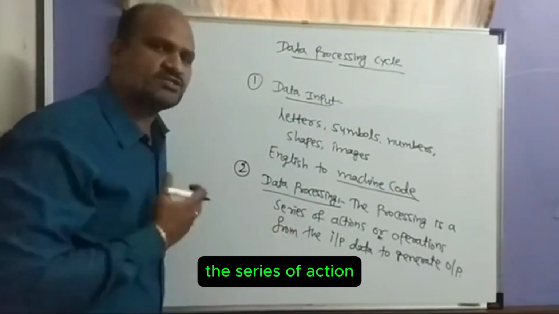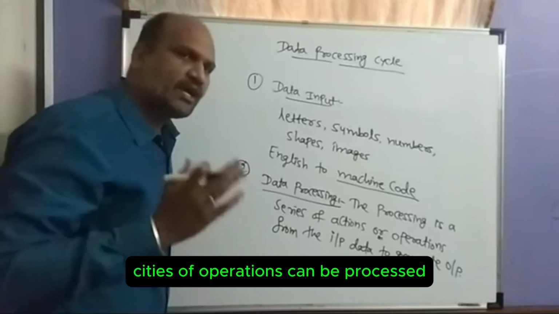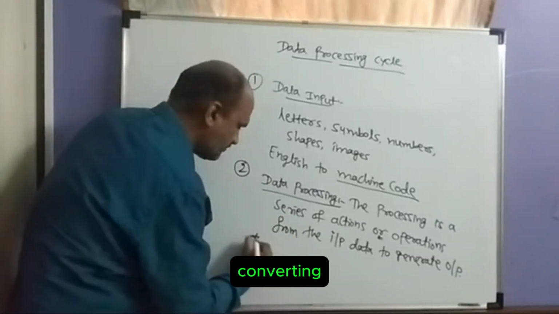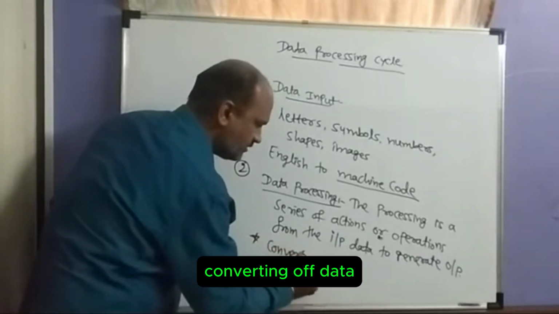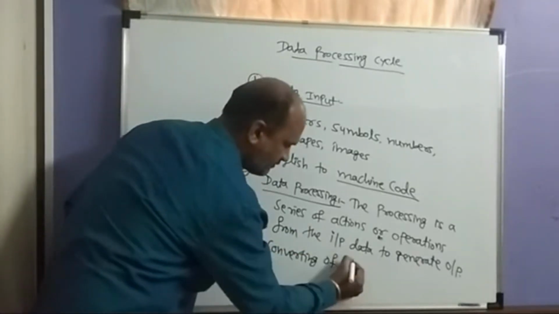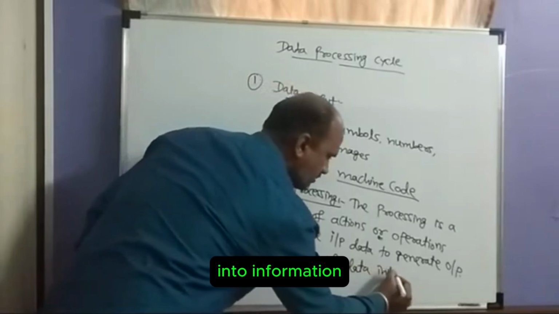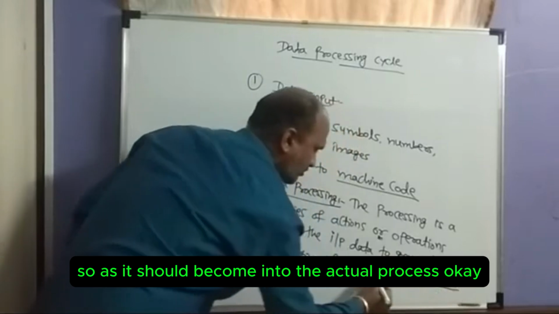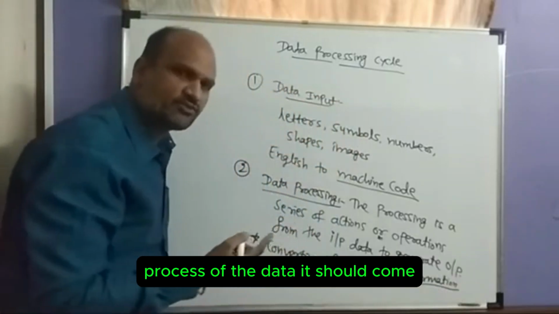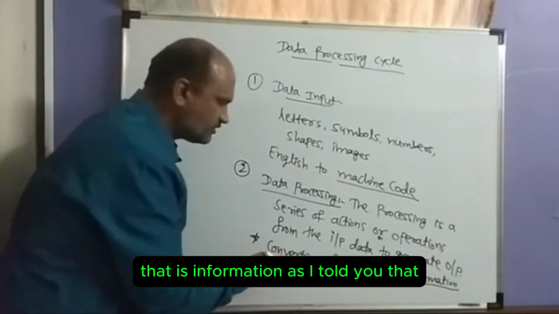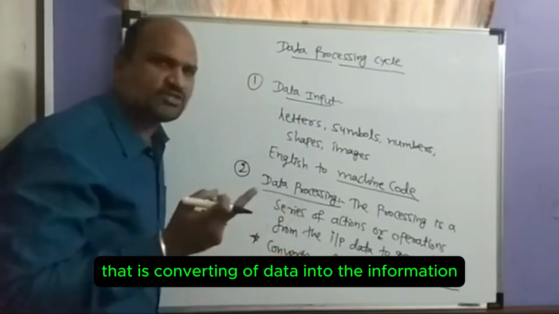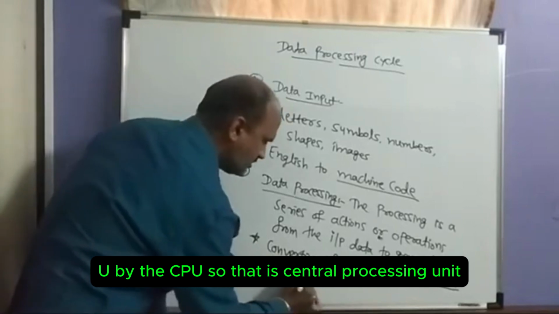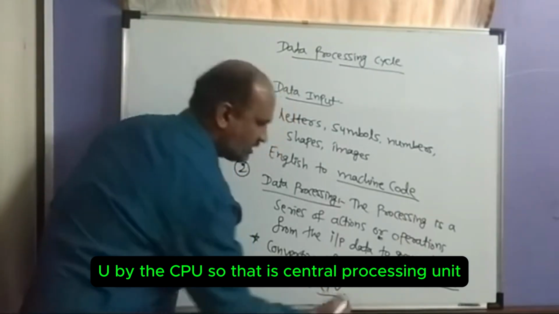The series of actions and operations is processed, and this is the conversion of data into information. As I told you, converting data into information is done by the CPU, that is the central processing unit.